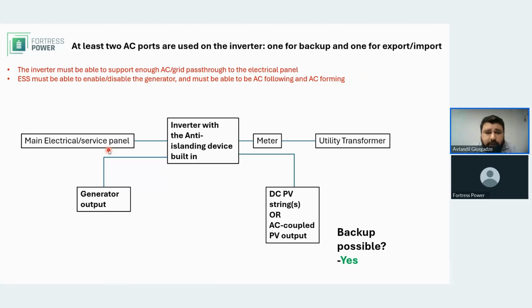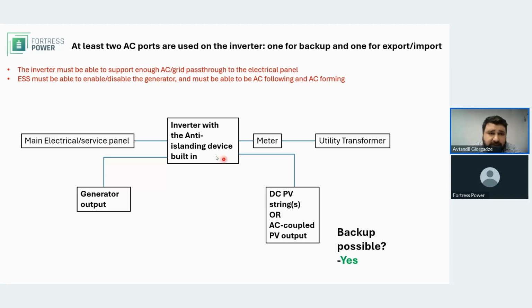And now we move to another, different common energy storage system configuration. So here you have an inverter. Maybe you don't have an inverter alone, but one unit with the battery and inverter built in. Now we're talking about only the inverter, which has the battery attached to it.